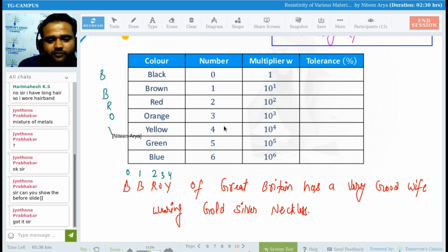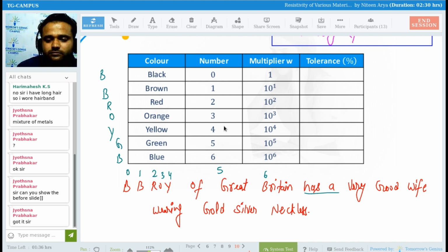O stands for orange, Y stands for yellow. Then G stands for green, the fifth number, and Britain, blue, stands for the sixth number. V stands for violet.